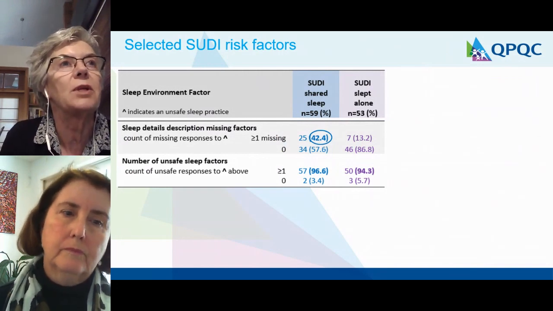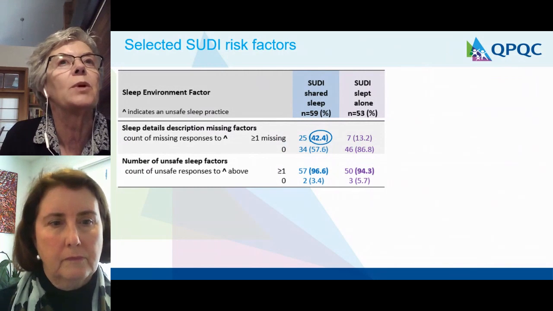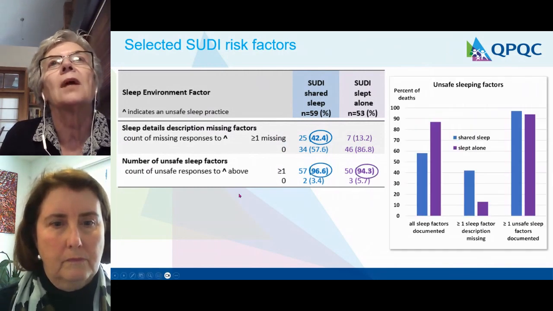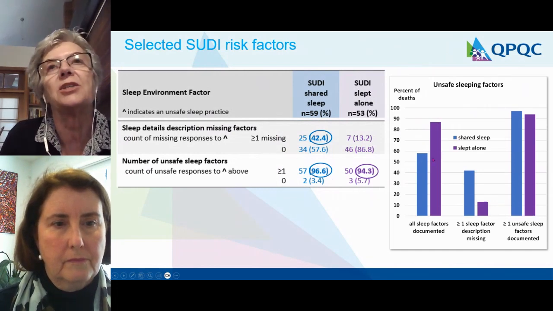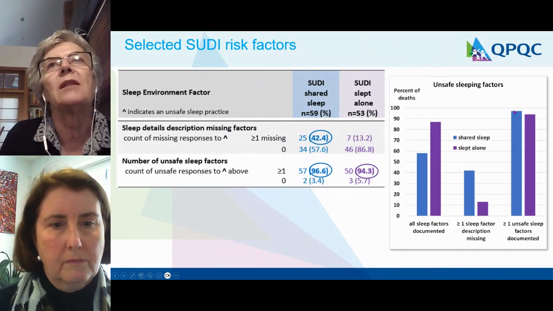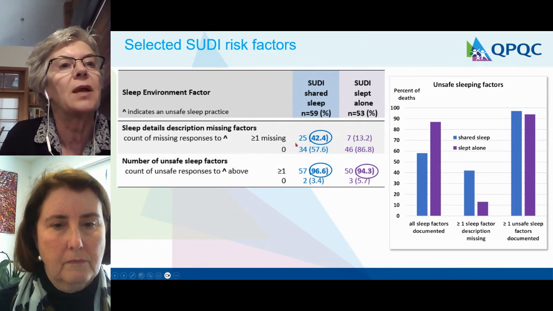You remember Sharyn mentioned 75%, but we were in the 90% range for both. And so you can see the discrepancy between shared sleep and slept alone, where there was documentation of sleep factors, but certainly the unsafe sleep factors were incredibly high.